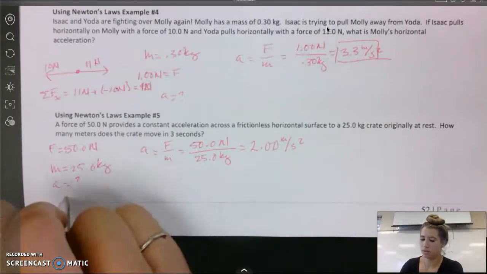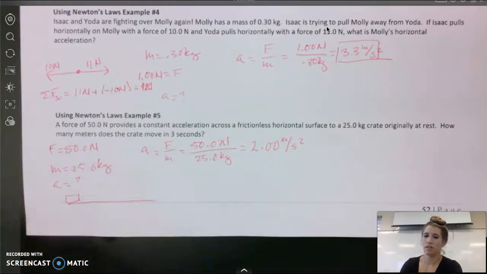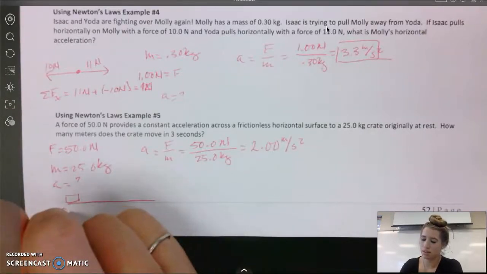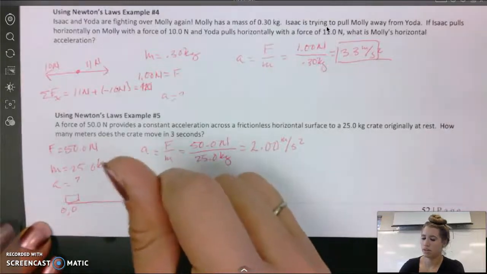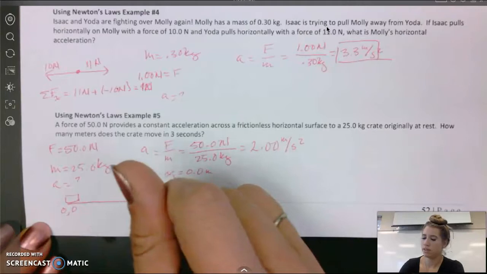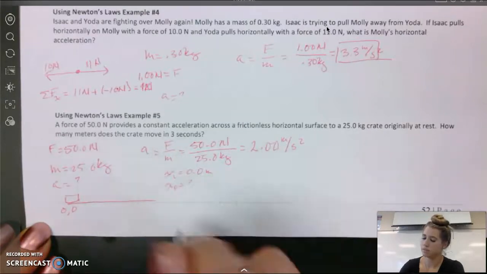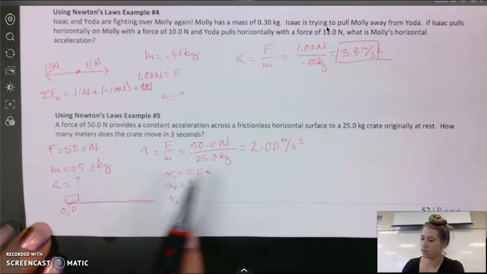And so we have this crate, and it's sliding across this frictionless surface. And the crate is moving for 3 seconds. So let's make this our 0 position. Okay? So position initial is going to be 0. Position final, that's what we're solving for. Velocity initial is 0 because it said it started from rest.